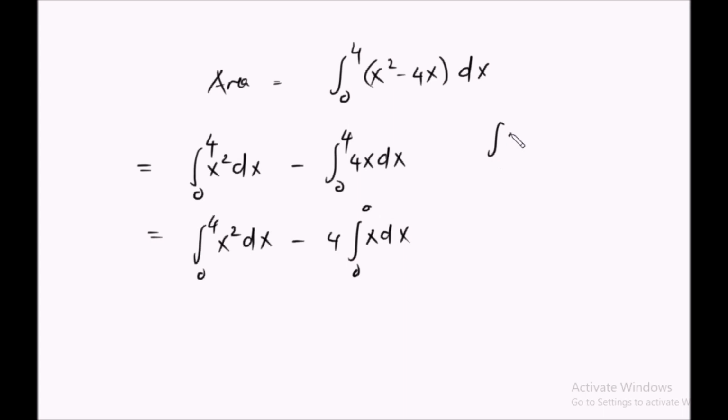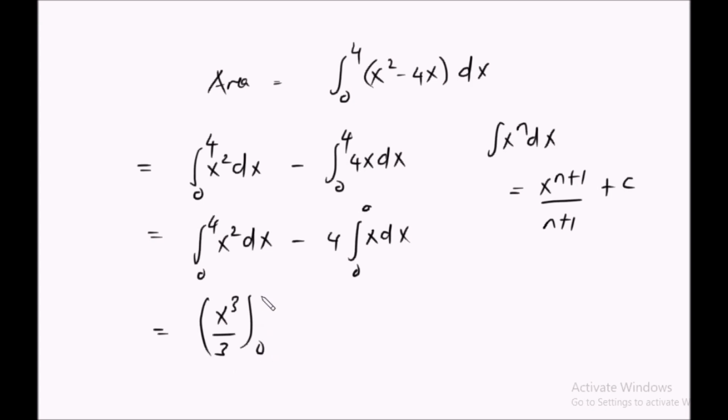We said if you integrate x to the power n dx, you get x to the power n plus 1 over n plus 1, plus c. So here n is 2, 2 plus 1 is 3, and below we have 3, so it is x cubed over 3. We have our limits 0 to 4, minus 4. Here n is 1, so it becomes x squared over 2.